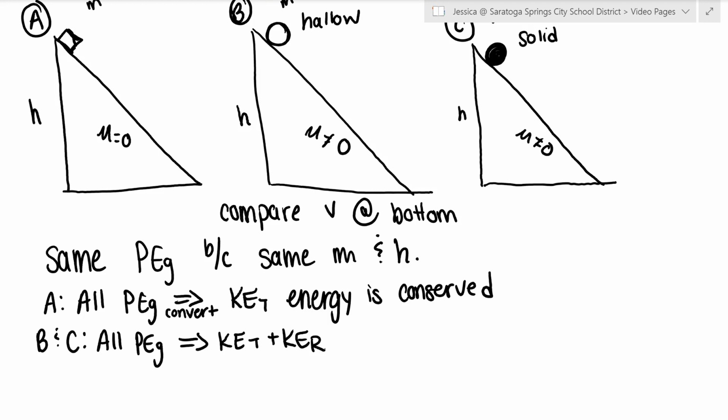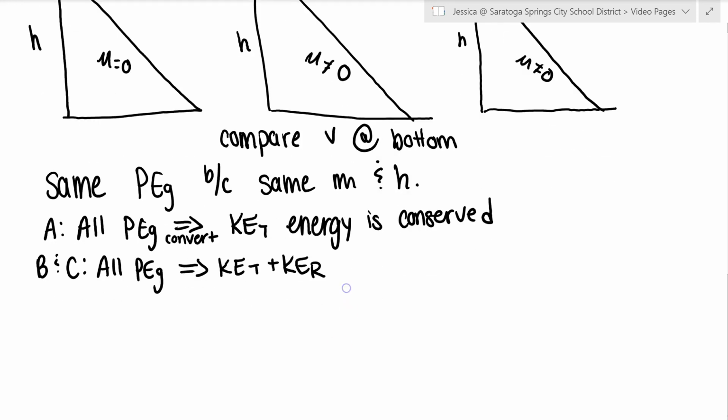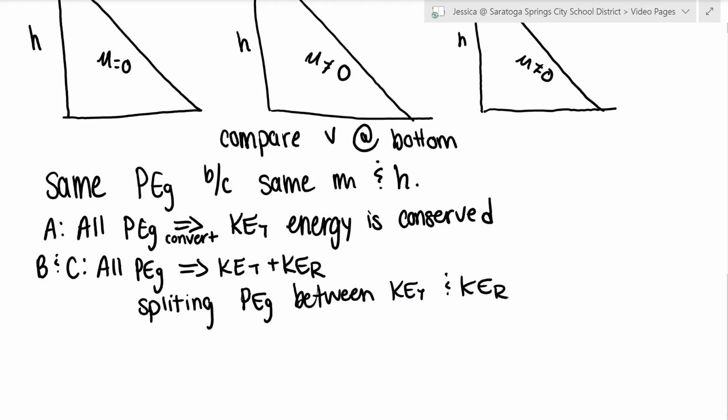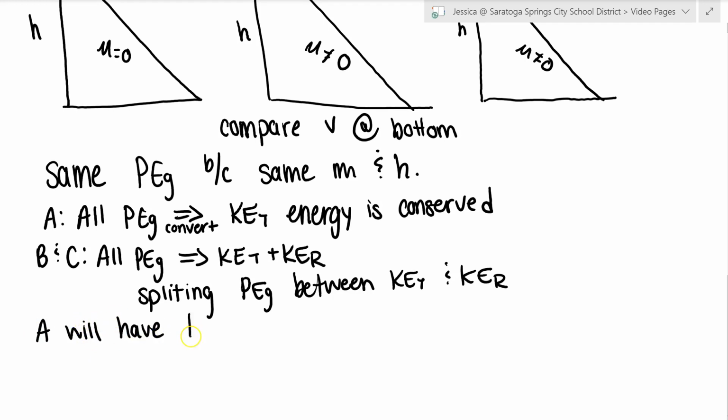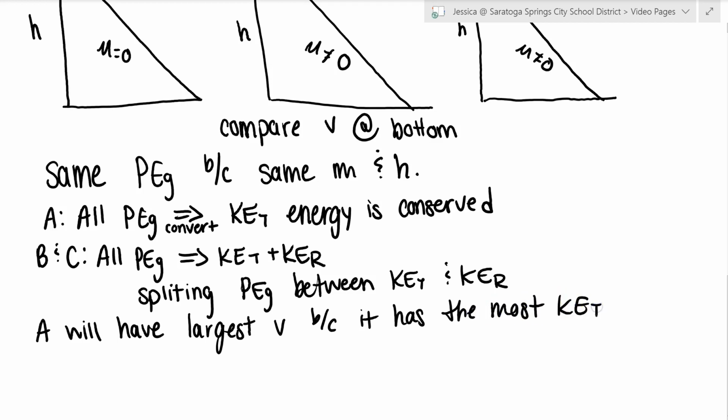So we're splitting the gravitational potential energy between the translational and rotational kinetic. It's not an even split necessarily, but it's there. So that tells us that A will have the largest speed because it has the most translational kinetic energy because there's no sharing with rotational kinetic energy.